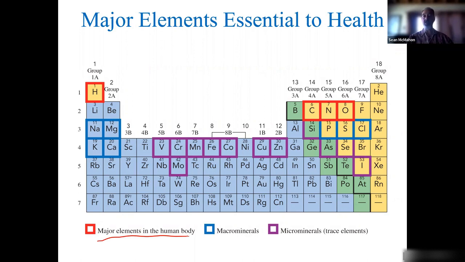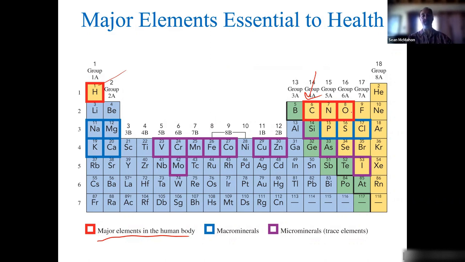Most organic compounds, the backbone of your macromolecules of carbohydrates, proteins, lipids, and nucleic acids, have a carbon backbone. They tend to have a lot of hydrogens bound to them, and then also sometimes nitrogen and oxygen, okay?